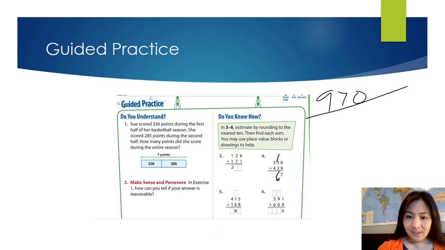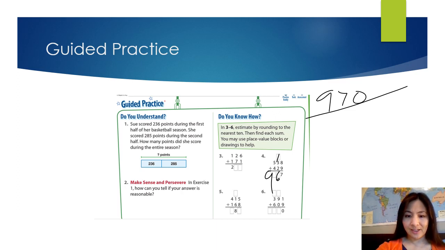I'll try. And we don't have to regroup. After this, so 500 plus 400 equals 900. All right, so 967 is our exact answer. That is close to our estimated answer of 970. So it's reasonable.